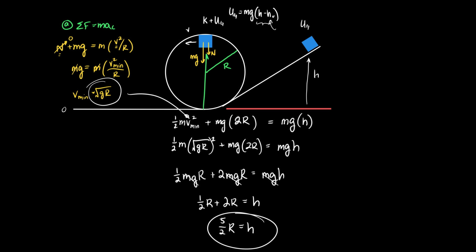I'm going to point something out to all of you that you may not be thinking about. This right here represents the total energy in the system in terms of m, g, and r. I'm going to encourage you to consider what I'm saying here and maybe write some notes down.